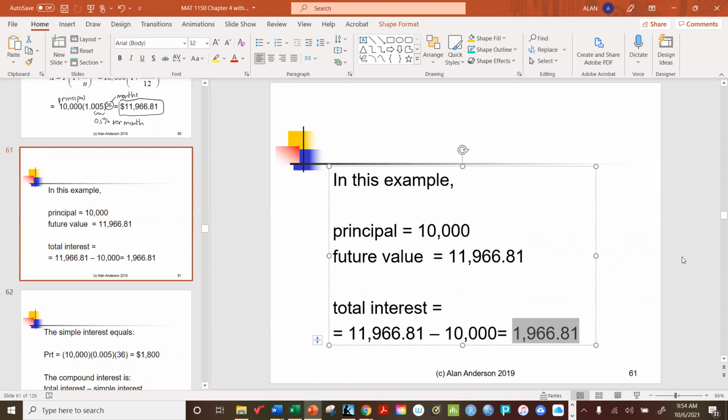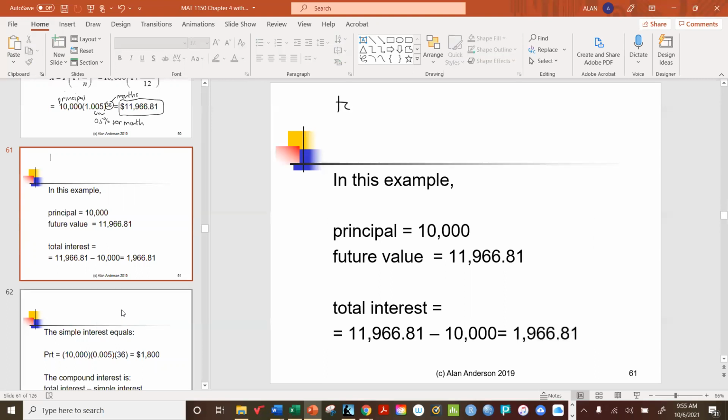Here's what we're going to do. The simple interest uses a very simple approach to calculate it. The compound interest is much more involved. So we'll use the following strategy. We know that total interest equals simple interest plus compound interest.